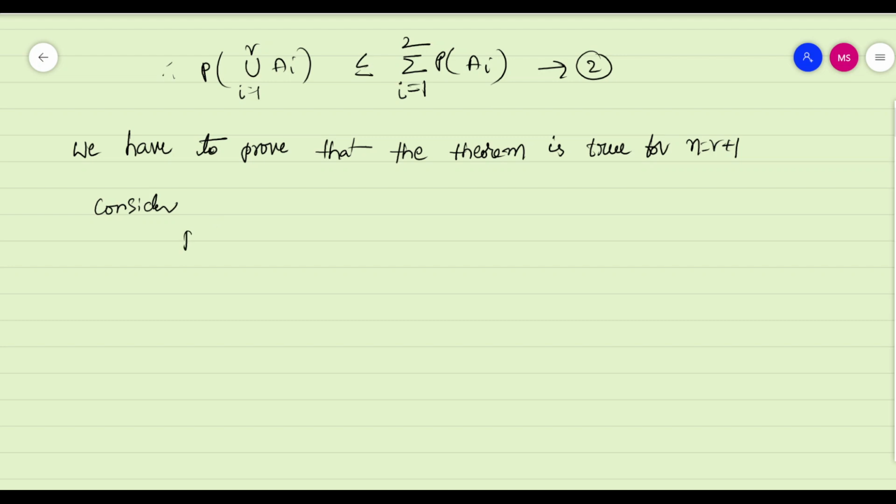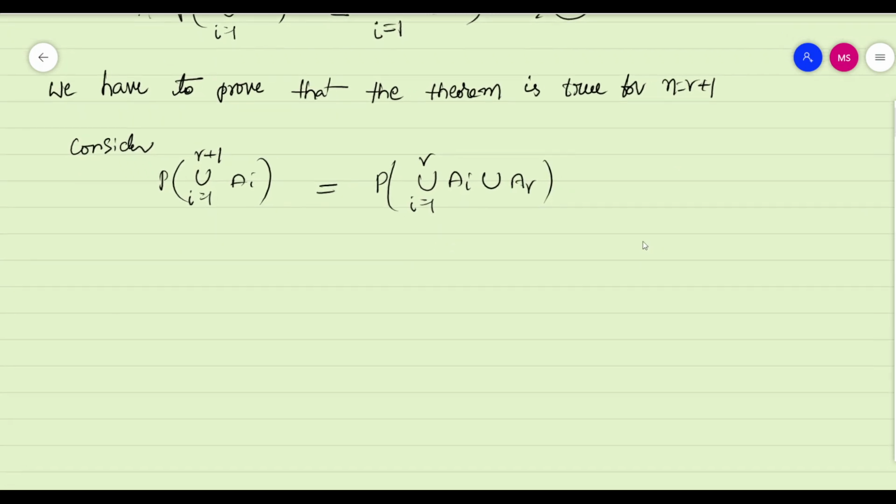That means P of union i running from 1 to r plus 1 Ai is equal to P of union i running from 1 to r Ai union A(r+1), the union of two terms.